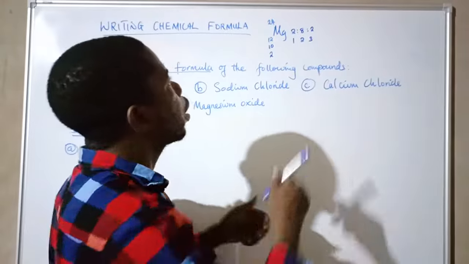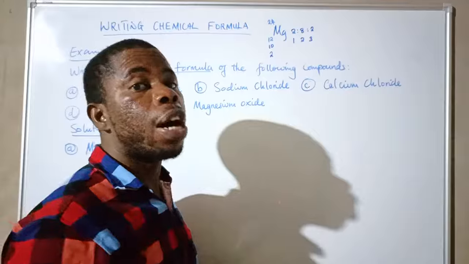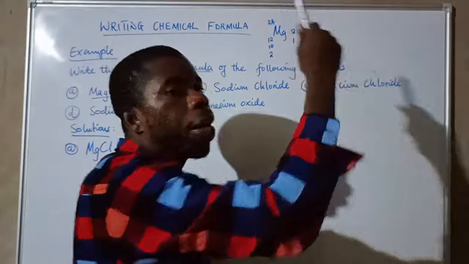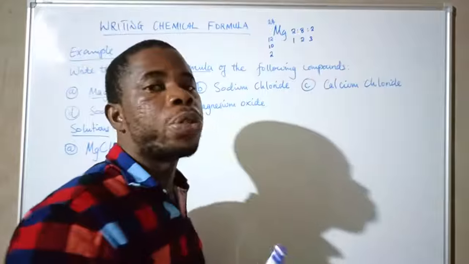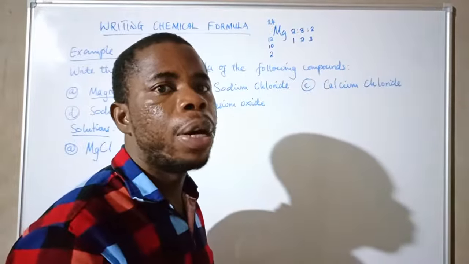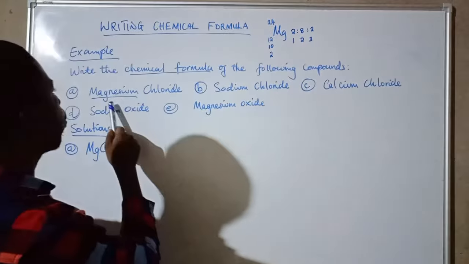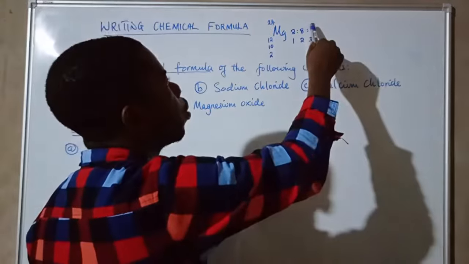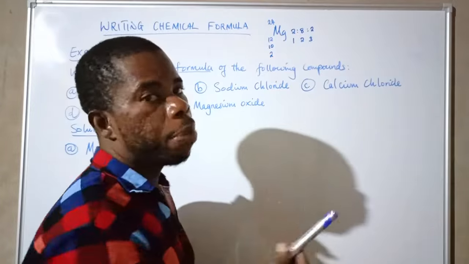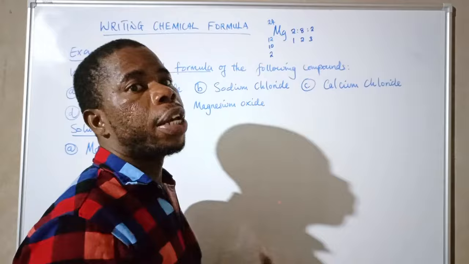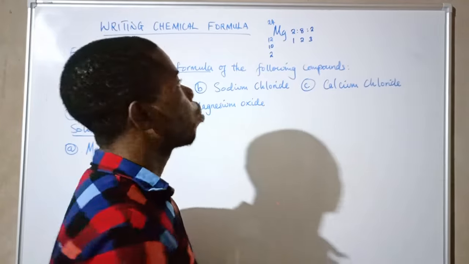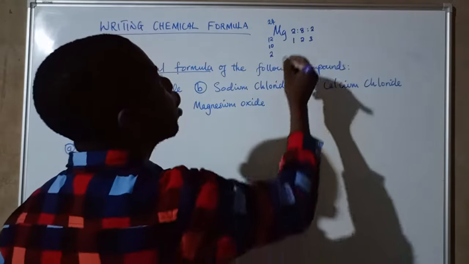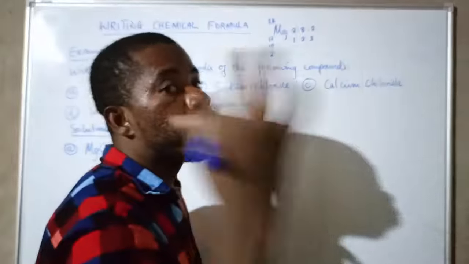Now, this shell is supposed to have 8 or 18. Since it doesn't have 8 or 18, this shell is considered to be unstable. And when magnesium reacts with chlorine to form a compound, magnesium always loses these electrons so that it becomes stable. Just as we said, metallic atoms lose electrons. So magnesium will lose these 2 electrons so that at least it should have a last shell which is stable.